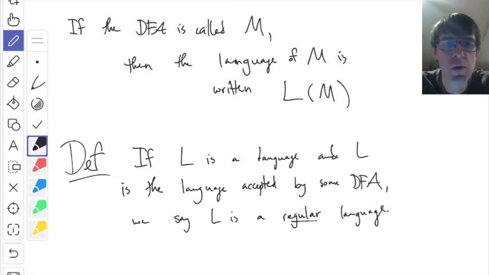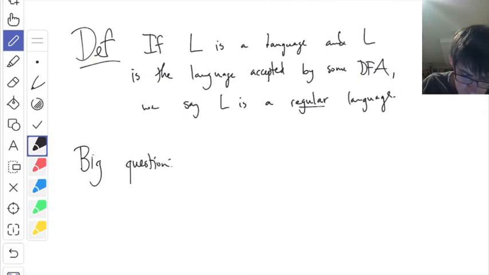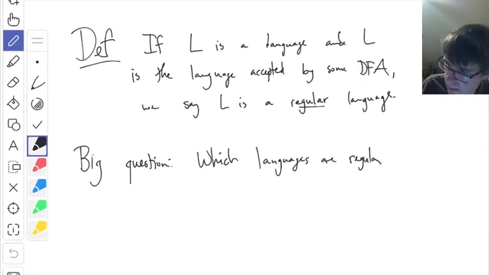So regular language just means it is the language accepted by some DFA. And the big question, which we're going to be asking for the first month or so of the class, is simply which languages are regular and which are not.